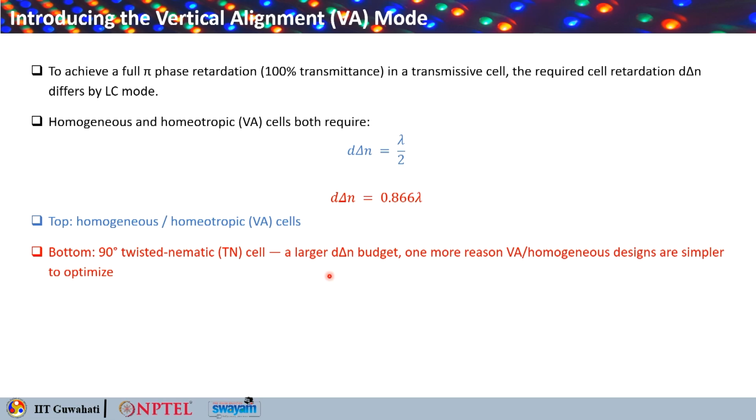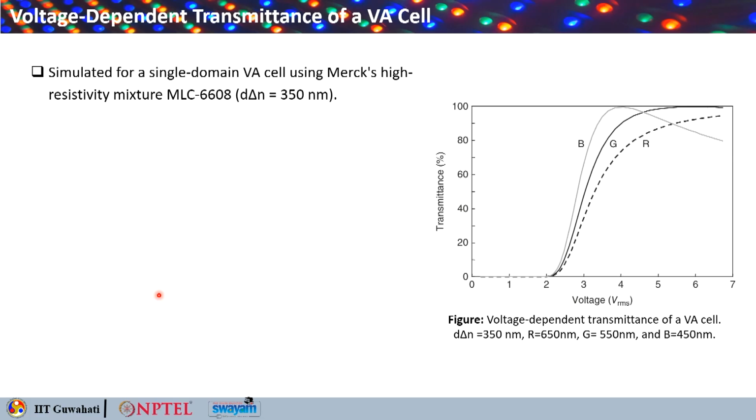So it's clear that you require a larger d delta n budget here, and this is one particular reason that tells you that the vertical alignment cells or the homeotropic cells or homogeneous cells are much simpler to optimize.